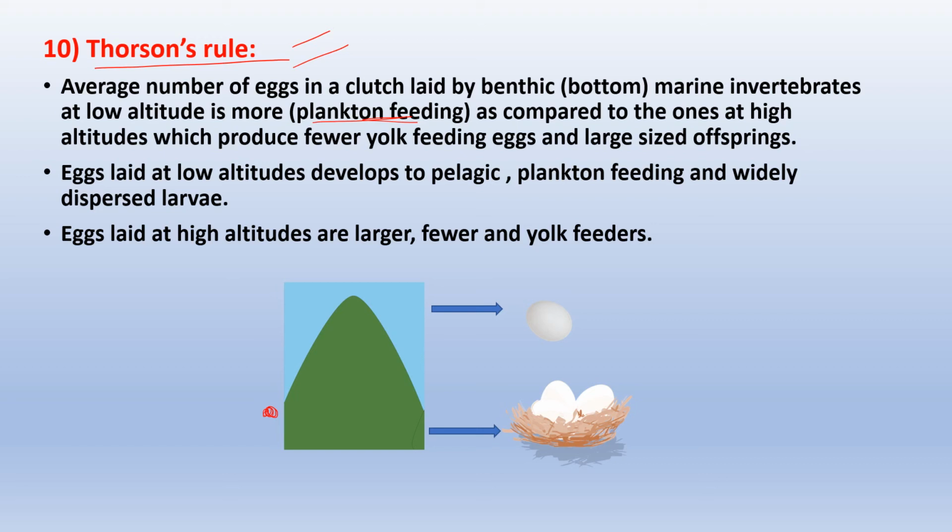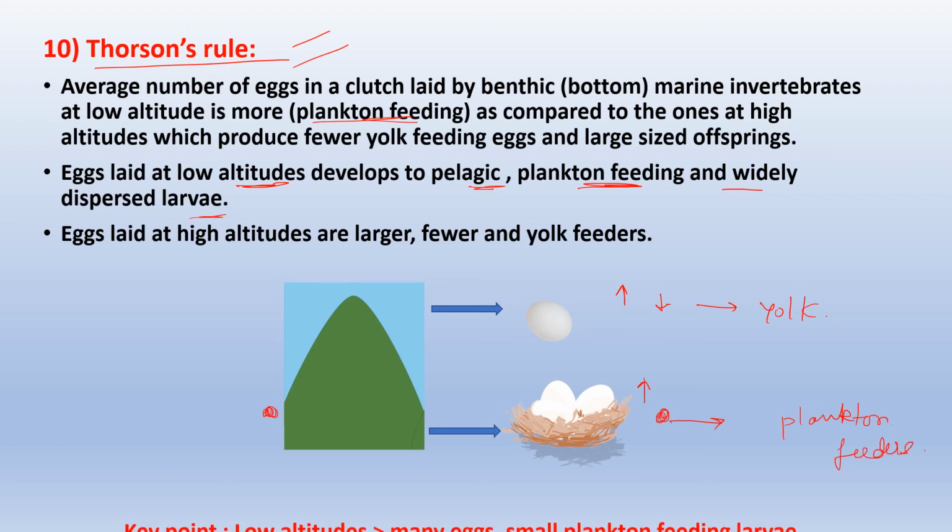So you just have to remember that the eggs which are laid at low altitudes develop into pelagic plankton feeding and widely dispersed larvae, and these eggs are more in number, whereas the eggs which are laid at higher altitudes are larger in size, fewer in number, and develop into yolk feeders, and the lower altitude ones develop into plankton feeders.